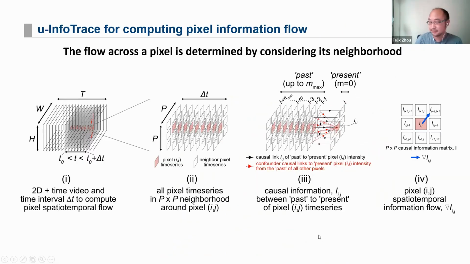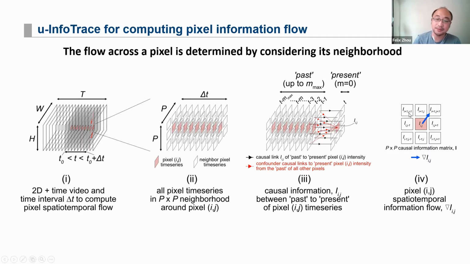To explain briefly how this works, it uses the whole video. We consider just the central pixel and a neighborhood of a 3x3 window around this. Then we formulate the causal inference to say, I want to find the causal impact of the central pixel on the next point of itself, but integrating out contributions from the neighbors.